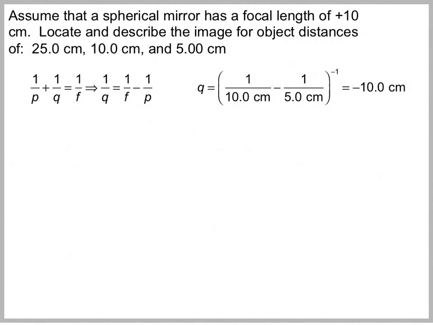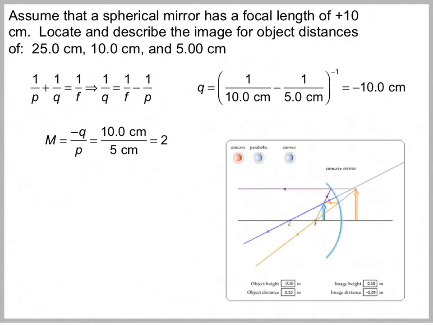When p is equal to 5, then q turns out to be -10 centimeters. So the magnification is -q/p, so it's going to be 10/5 or 2. So in this case, the image is going to be virtual, it's going to be upright, and twice the size of the object.